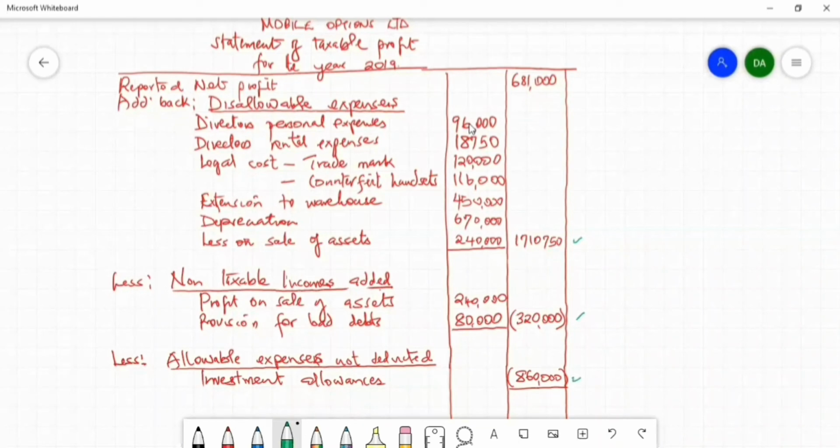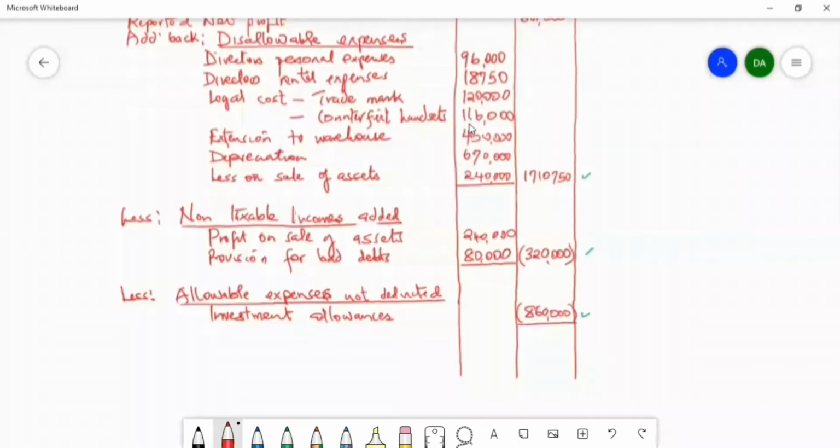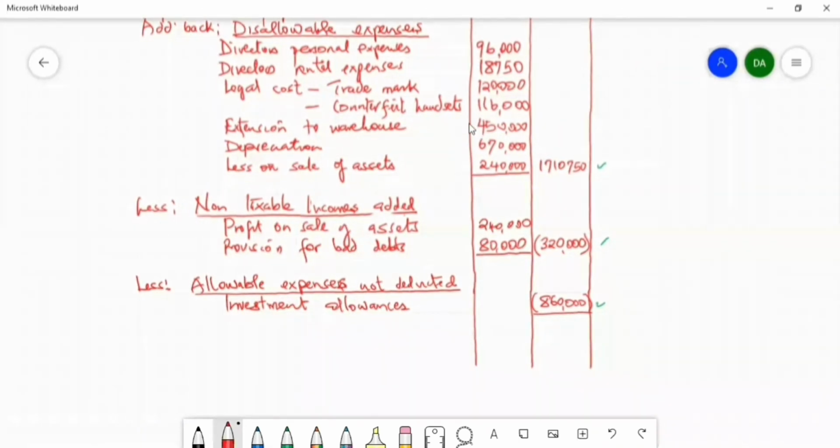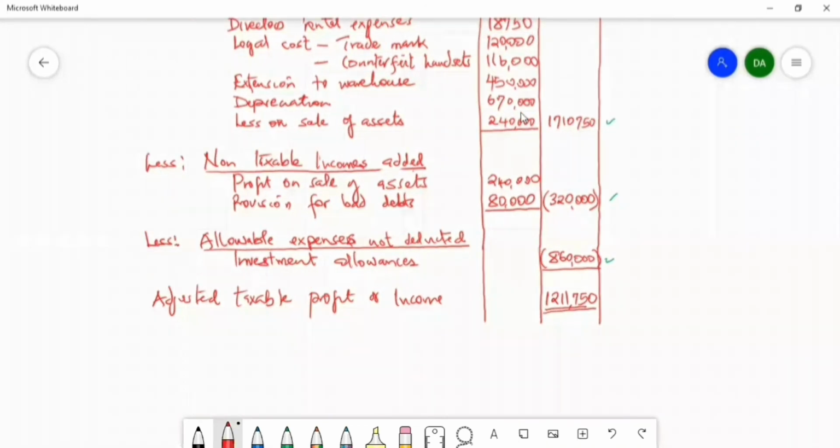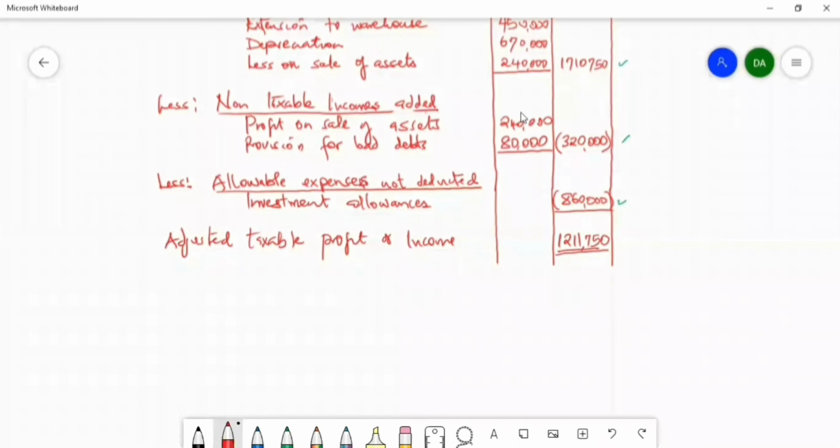So that what we are going to get is called adjusted taxable profit or adjusted taxable income. 1,211,750 is the total. That is the taxable income. The taxable income is 1,211,750.